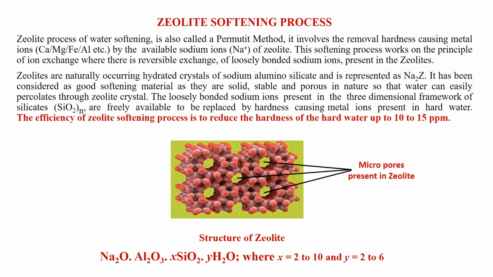This zeolite is represented as Na2O, Al2O3, xSiO2, yH2O. x varies from 2 to 10 for silicates, while y varies from 2 to 6 for H2O, as this is the hydrated crystal.